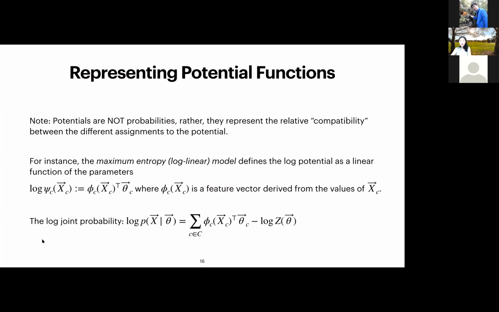That becomes the final log joint probability. MAP would try to maximize this.